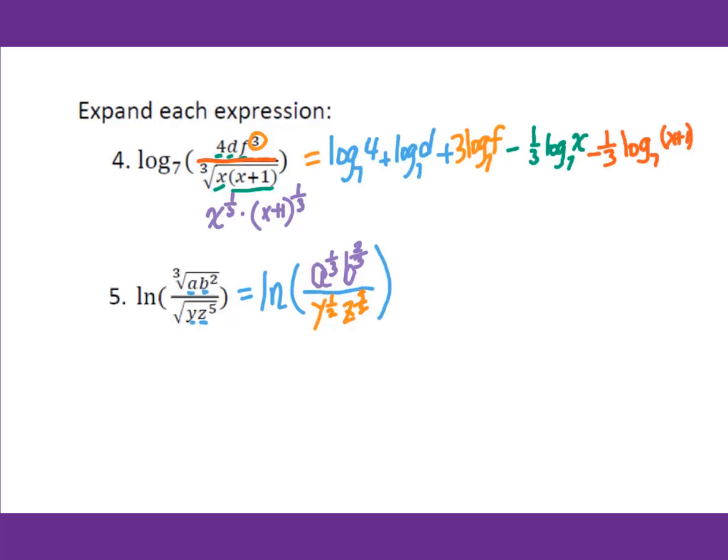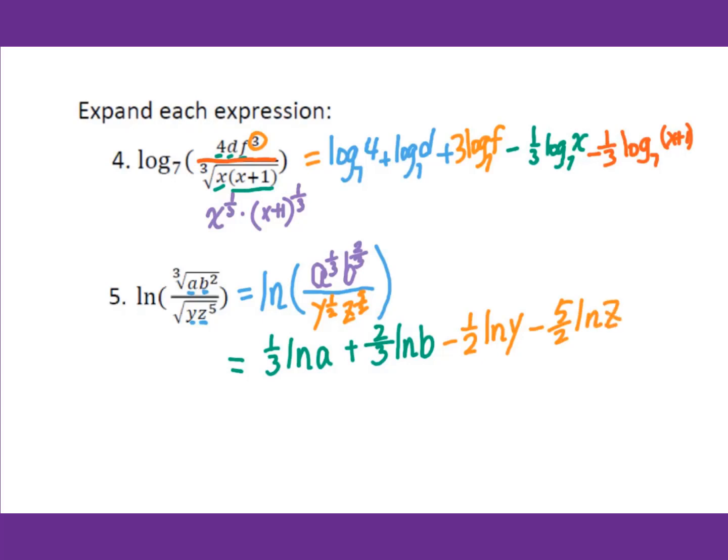Then above the division line, you do addition. Below the division line, you do subtraction. Therefore, we get 1 over 3 natural log of a plus 2 over 3 natural log of b minus 1/2 natural log of y minus 5 over 2 natural log of z.